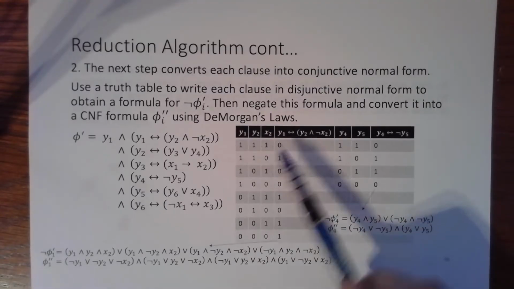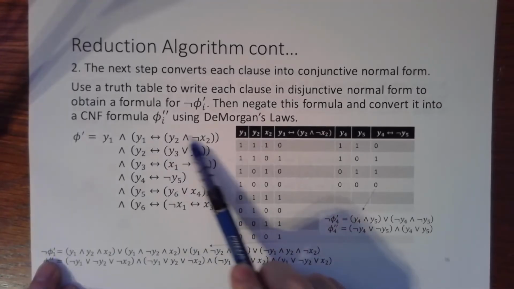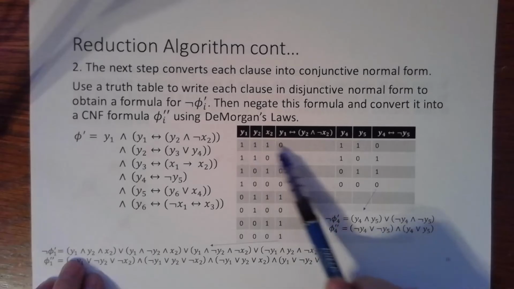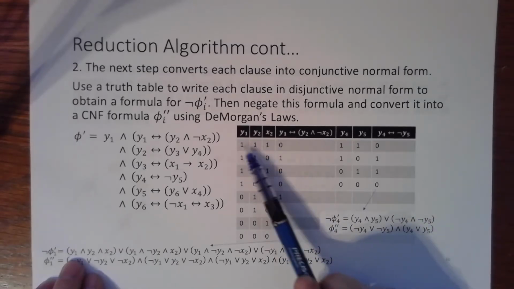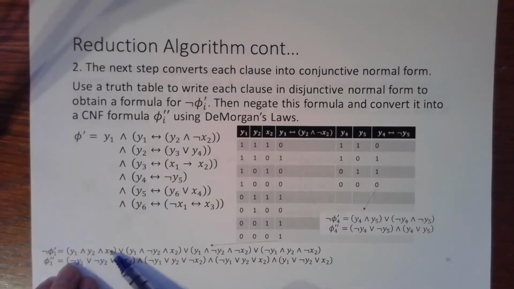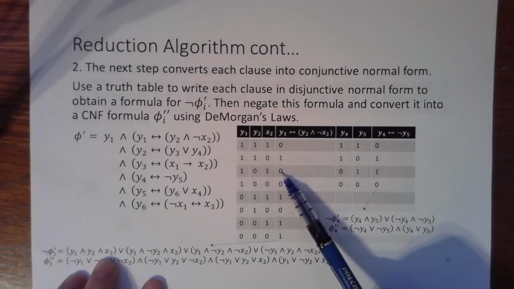So if I come down here, the negation of phi sub 1, this is phi sub 1. This first 0 is y1, y2, and x2. That shows up here. So that's one way that we could get 0. Another way is here.